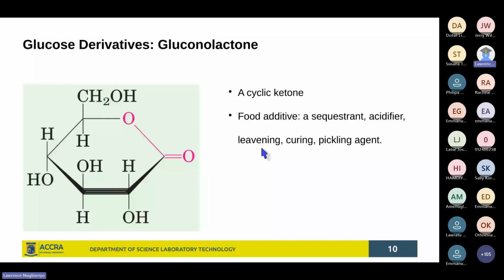In our jurisdiction, we use salt a lot for curing, but in some jurisdictions, when you buy some meat or fish, sometimes the taste is sweet. You might think it is sugar that is used for these things. It is actually some of these substances like gluconolactone that are used for curing of the food substances. And we also have what we refer to as pickling.